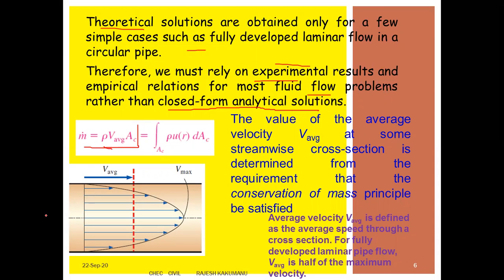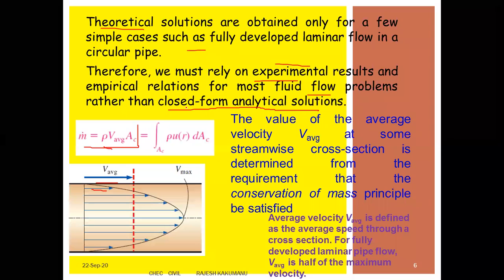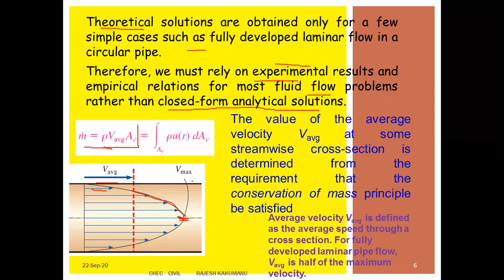Whenever water is flowing in a pipe with laminar flow, with some velocity, we have the average velocity of how the water is flowing. Depending upon the pressure or force we are applying, it takes the maximum at the center line. That is the V maximum. The average velocity is defined as the average speed through the cross section.